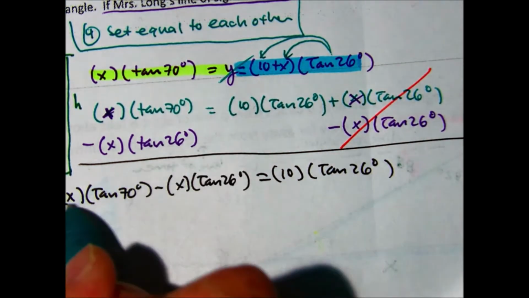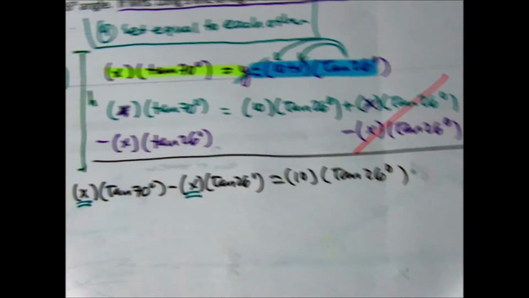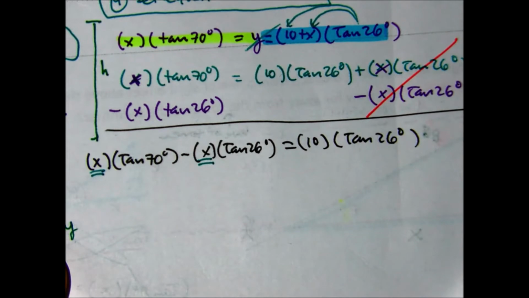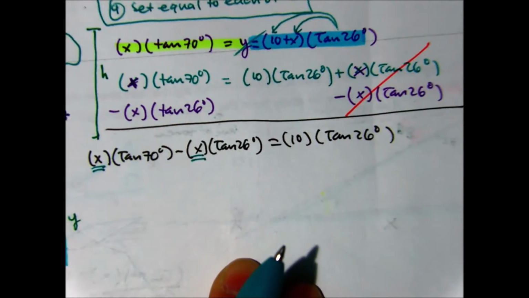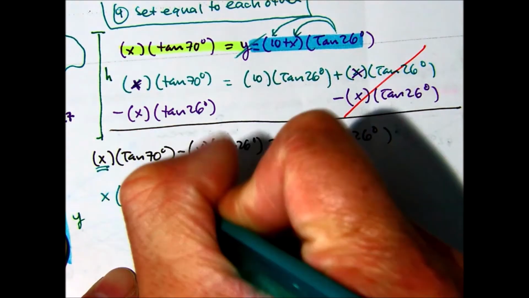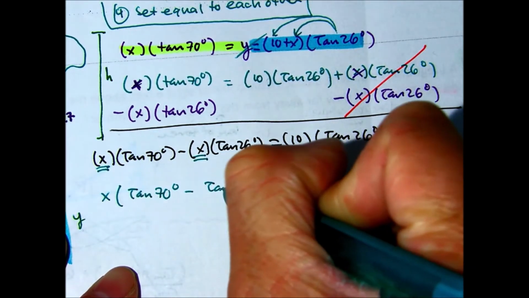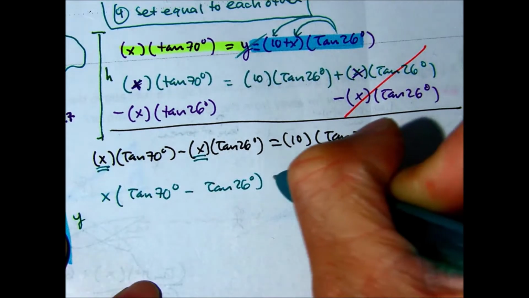I'm going to factor out an x. X times the tangent of 70 degrees minus the tangent of 26 degrees equals the same.